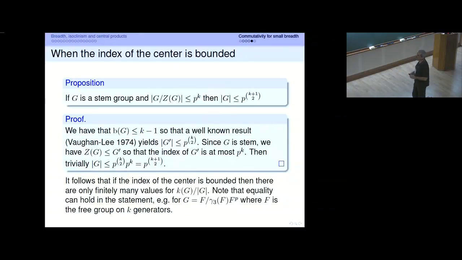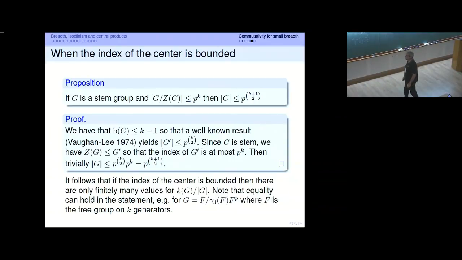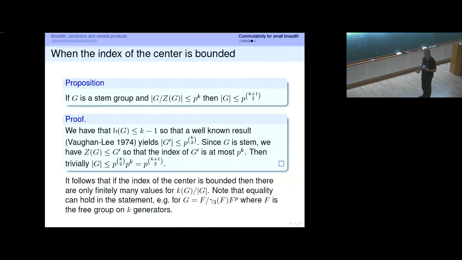You can either use the result of 1974 that I indicated there, or simply think that if the index of the center is bounded and the group is a stem group, then, of course, the commutator subgroup has bounded index, and therefore there is a bounded number of generators of bounded exponent, and therefore the class is bounded because the index of the center is bounded, and with an easy exercise in combinatorial group theory, you get a much worse bound on that group.